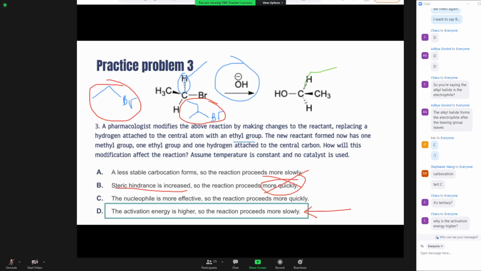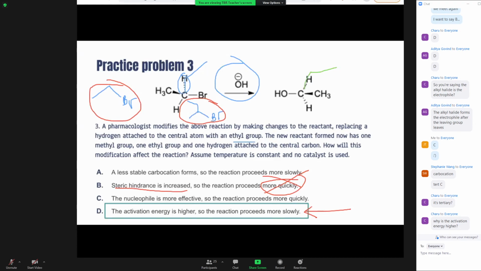It's less favorable because the nucleophile encounters more steric hindrance when it is trying to attack the carbon from the backside, because there's just more there and it's difficult for the nucleophile to access the leaving group from the back. And so that requires more energy to occur, and the reaction is less favorable. The reaction occurs more slowly because, like I said, it's difficult for that nucleophile to access the carbon.